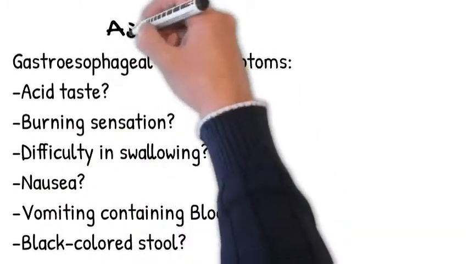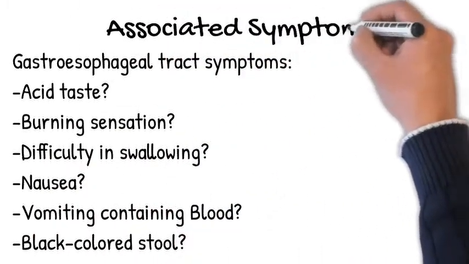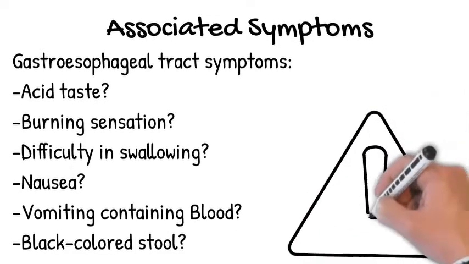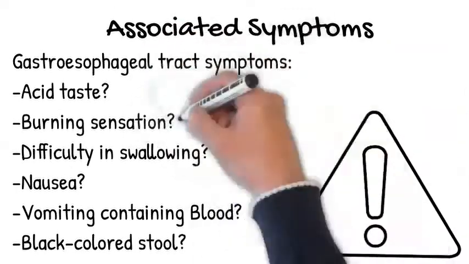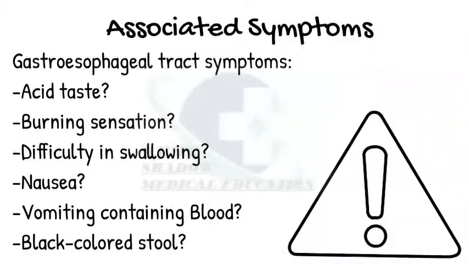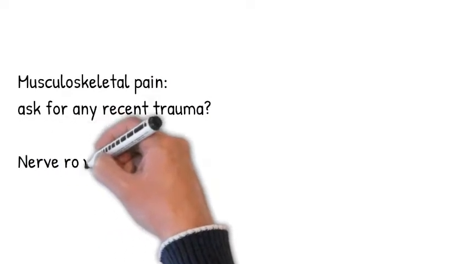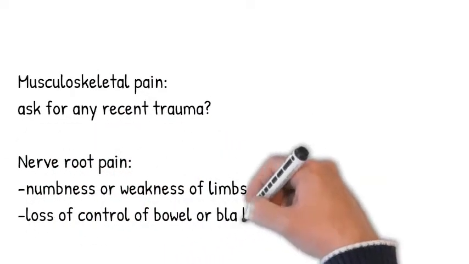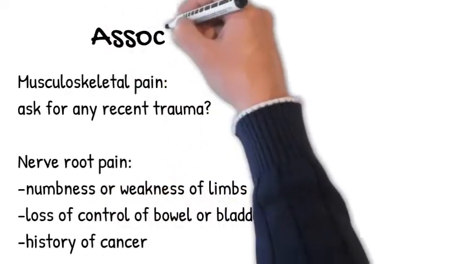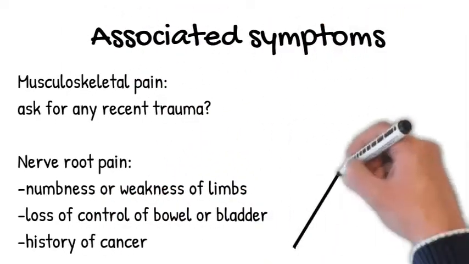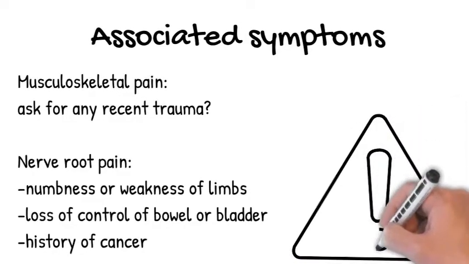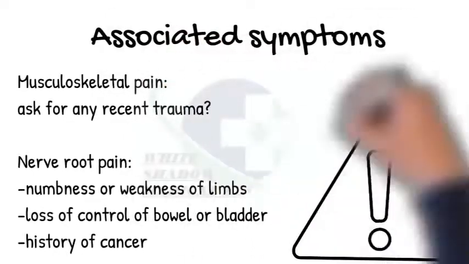Whereas for gastroesophageal reflux disease, ask about acid taste in your mouth, burning sensation in the chest, difficulty in swallowing, nausea, vomiting. Regarding musculoskeletal pain, ask for any recent trauma. Additionally, for nerve root pain, ask for any numbness or weakness of limbs and control of bowel or bladder. History of cancer is additional supportive evidence for it.